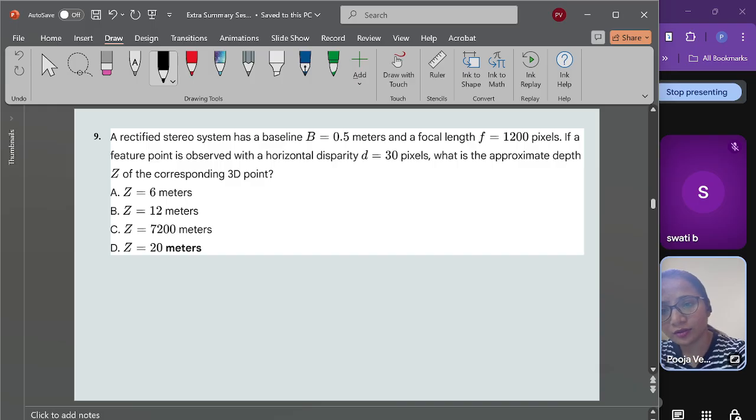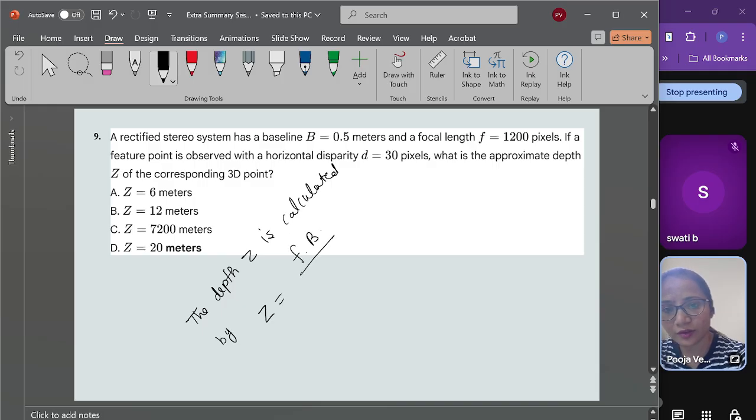The depth Z is calculated as Z is equal to f times B divided by d, where f is the focal length, B is the baseline of the stereo system, and d is the disparity. All values are already given, so just put them in this formula.